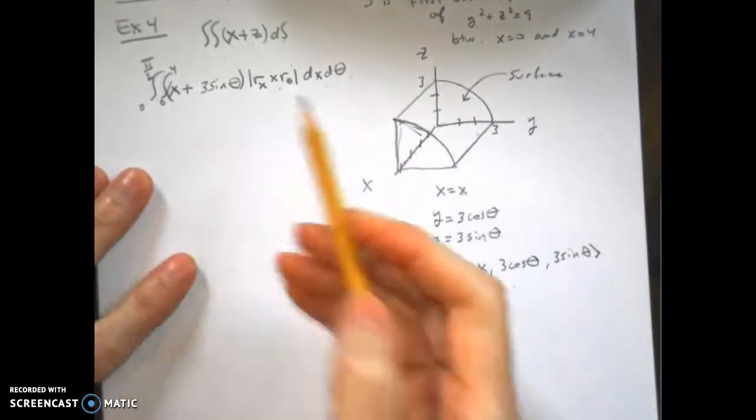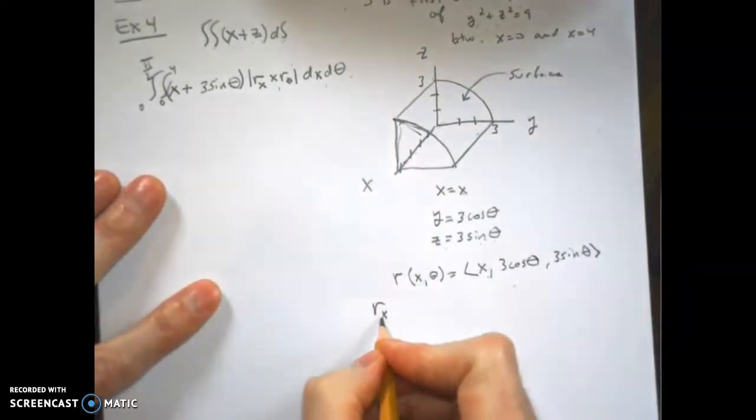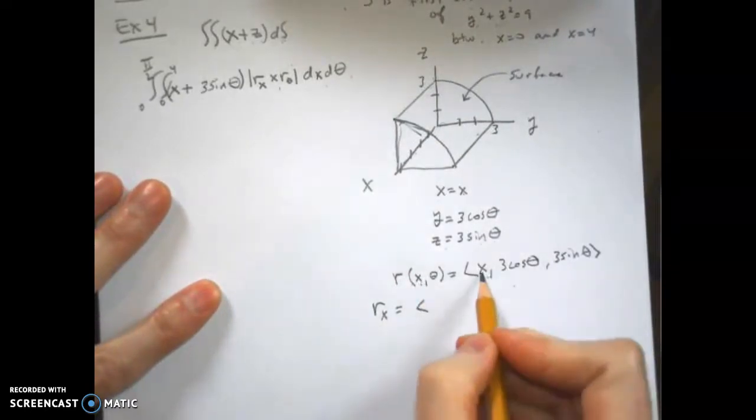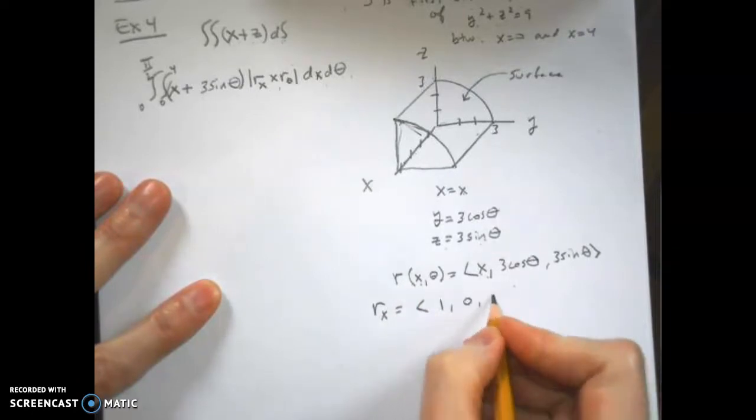So I'm going to do r_x, which is the x derivative of our surface, just 1, 0, 0.